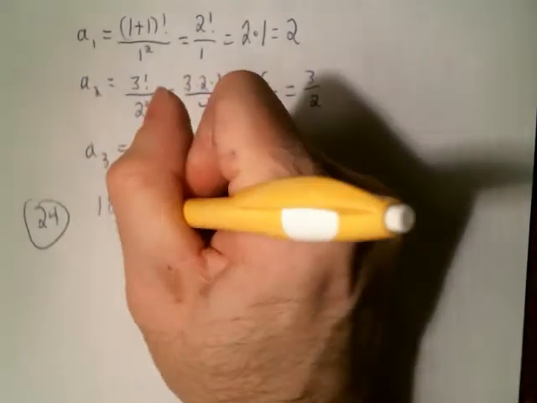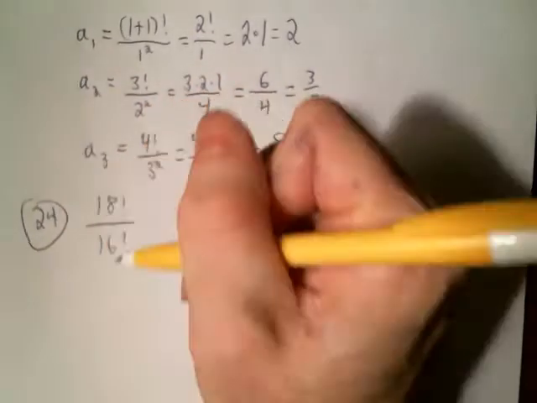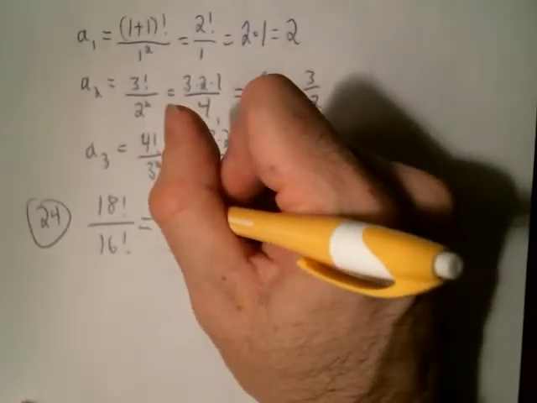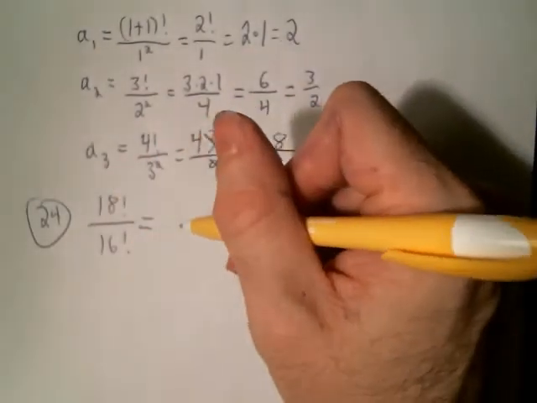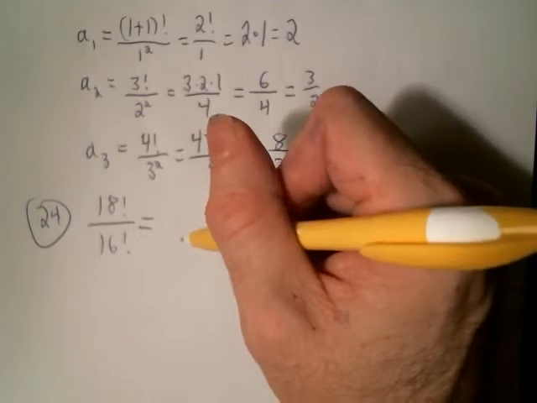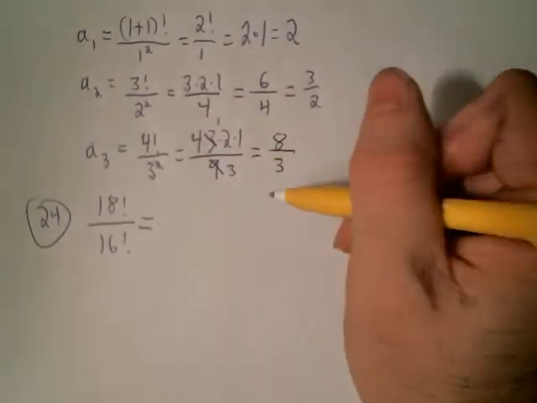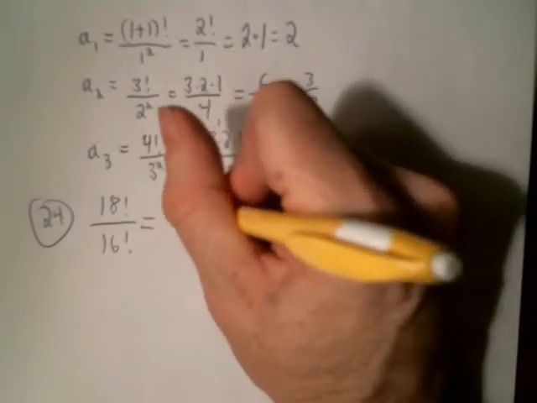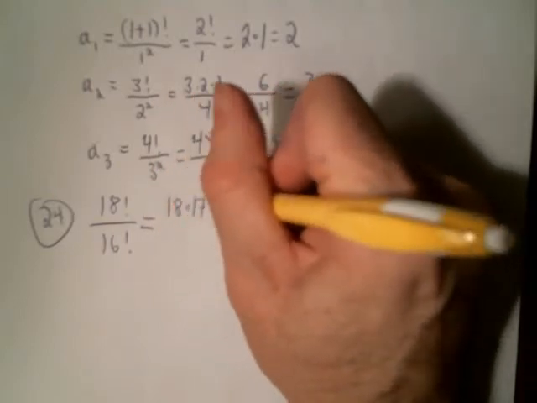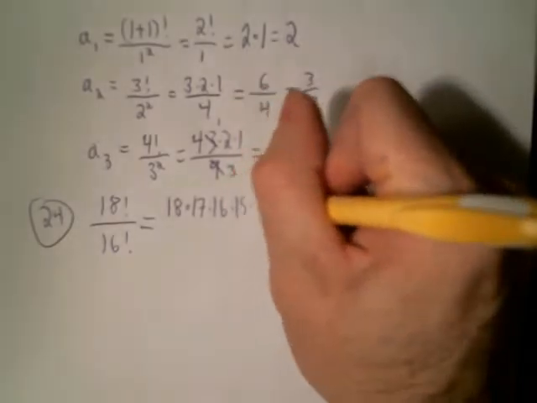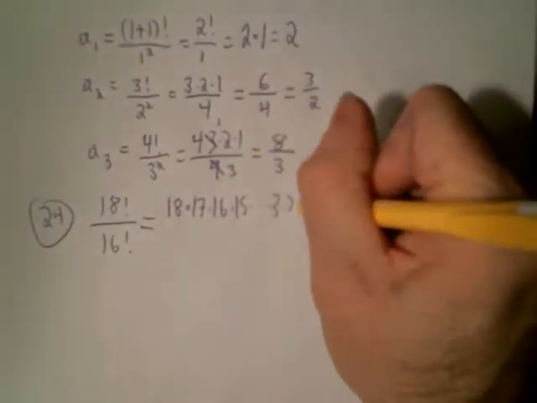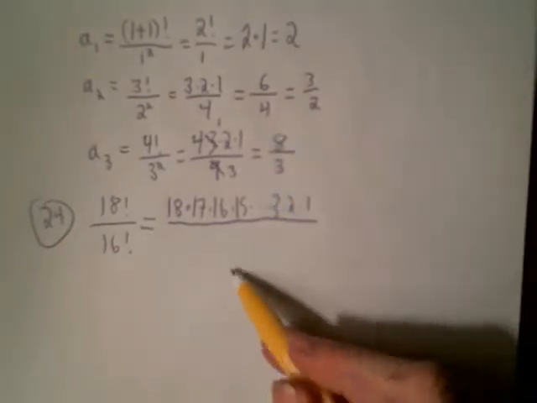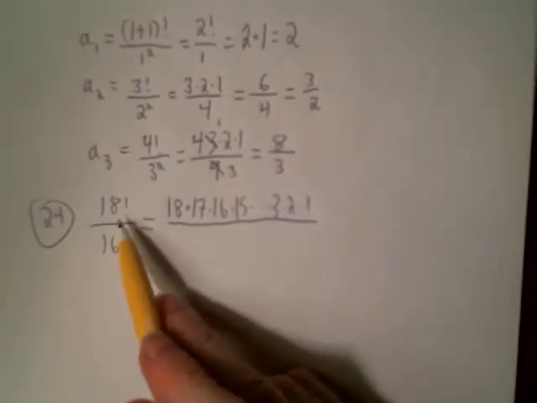We have 18 factorial all over 16 factorial. You can do brute force and literally write it out, and it's kind of insane, but you can do that. It's 18 times 17 times 16 times 15 times, etc. But hopefully you see that 18 times 17 times 16 times 15 times 3 times 2 times 1, the 16 factorial lives inside of 18 factorial.